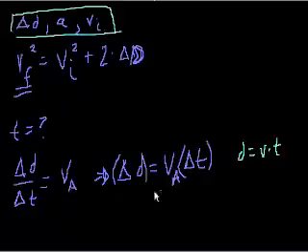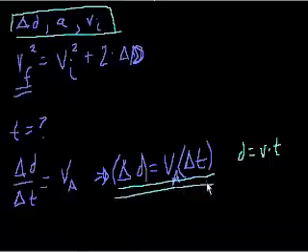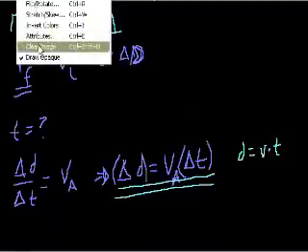So let's go from this equation. If we want to solve for time, we could divide both sides by the average velocity. Actually, no, let's not do that. Let's just stay in terms of change in distance. I've wasted space too fast, so let me clear this and start again.